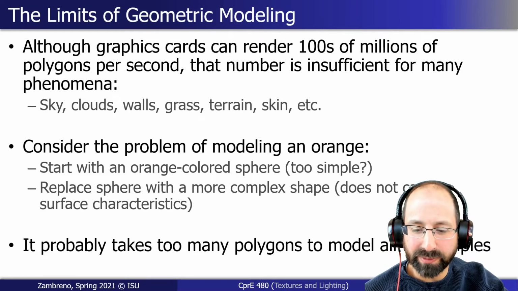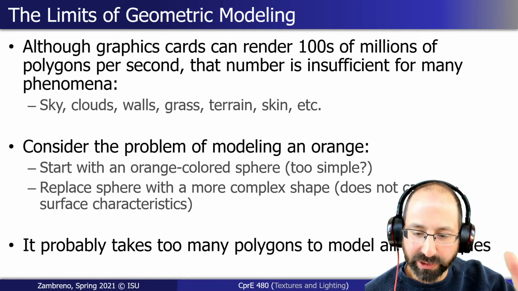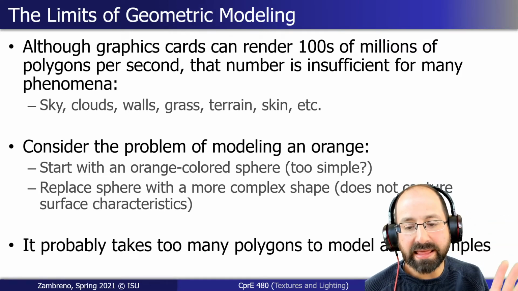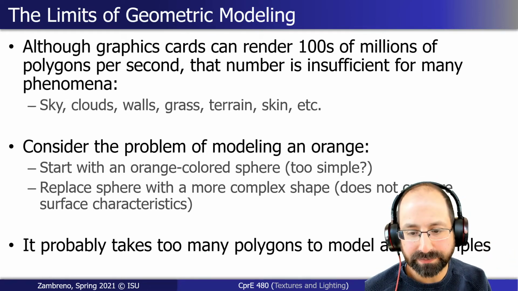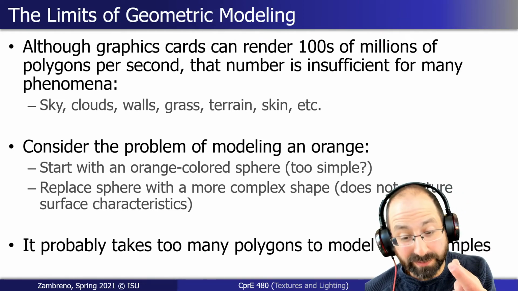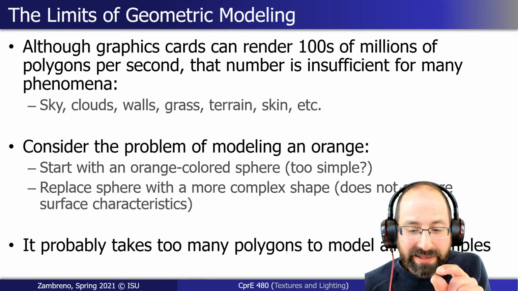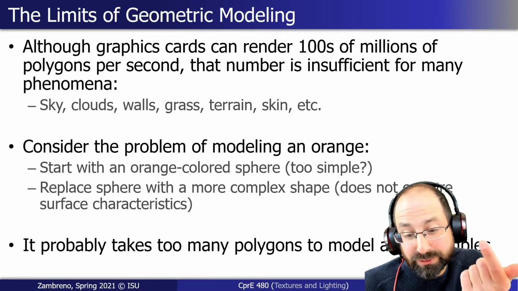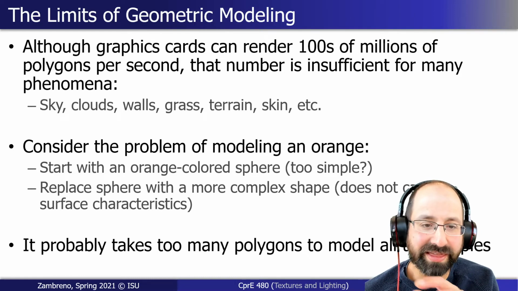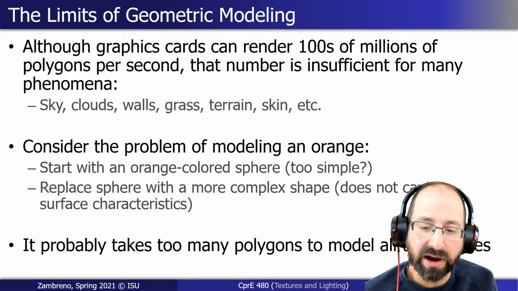Depending on the shape, we don't have to send three because we can use meshes and things like that, but let's just say three per triangle. And then the triangle itself will generate fragments. The rasterizer will generate fragments from our triangle. You can have a triangle so small that it's just one fragment, but generally, triangles are larger than that, and there's a certain number of fragments per triangle.